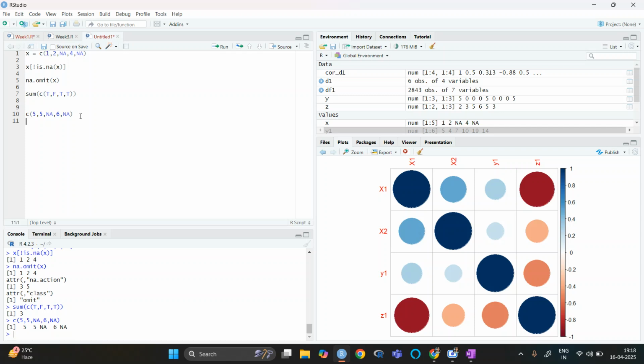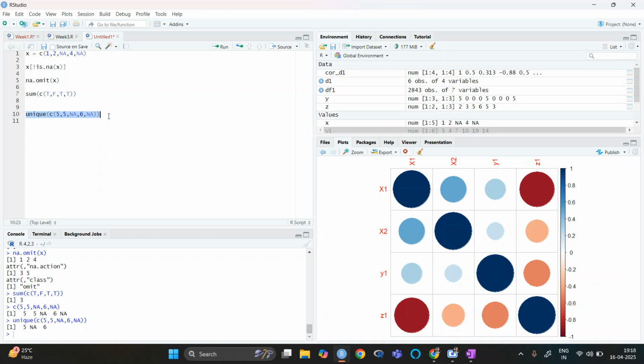Now if I take unique of this, it will give me the unique values of that vector: 5, NA and 6, because 5 is repeating, so its unique is 5, NA is repeating, so it is 1, and 6 is repeating 1 time. So basically it gives us unique values.